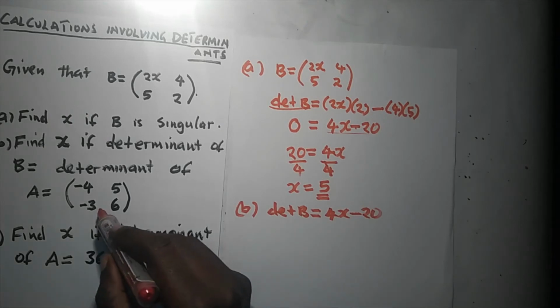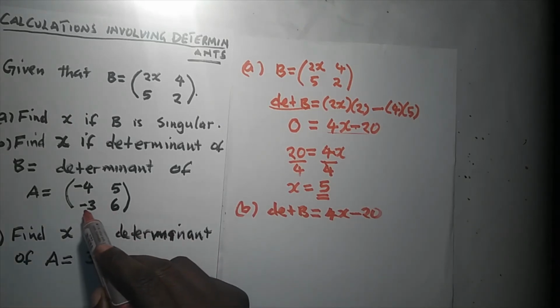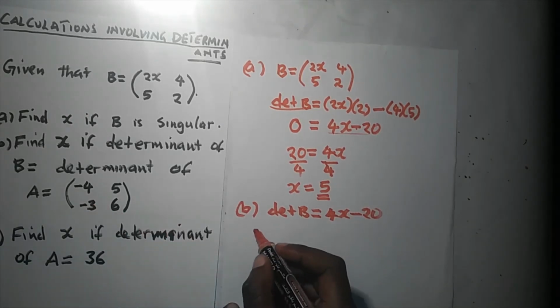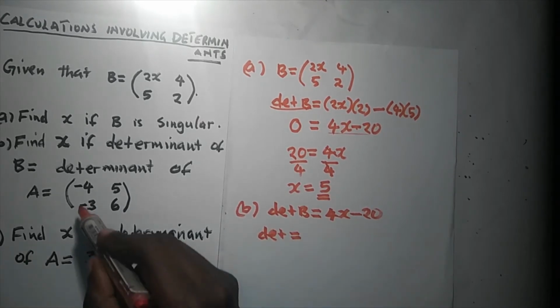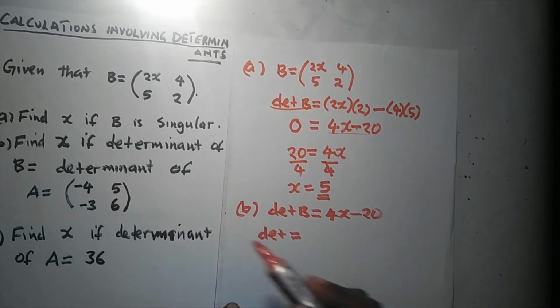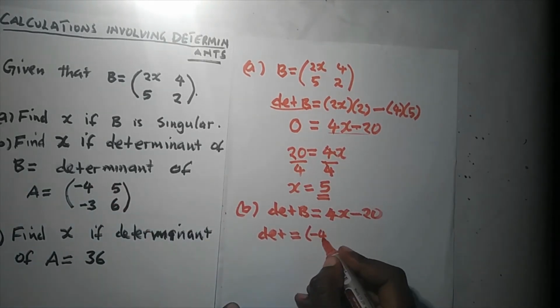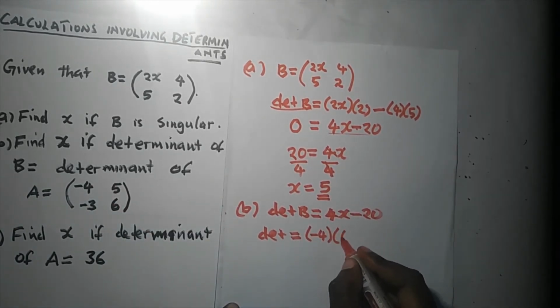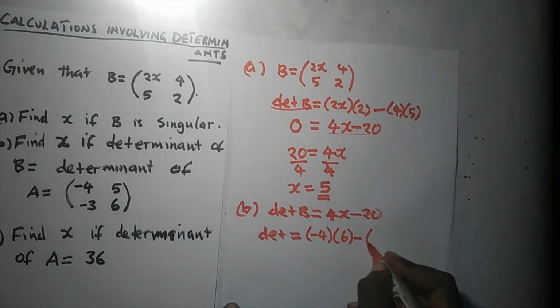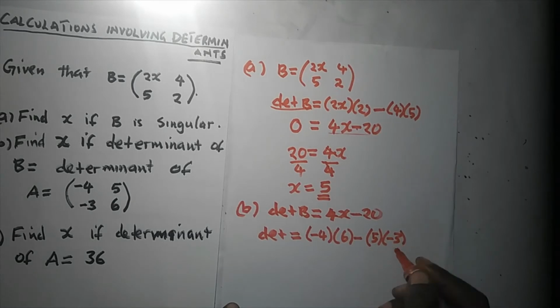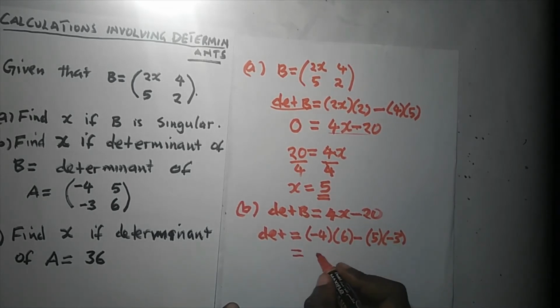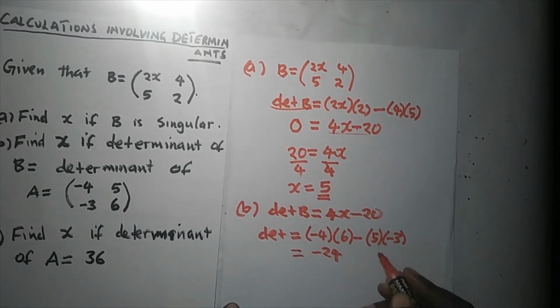So now we have to find the determinant of the matrix A. The determinant of A is equal to, so our A is here, negative 4 times 6 minus 5 times negative 3. This is going to give us negative 24, and then this negative times that one will give us a plus 15.